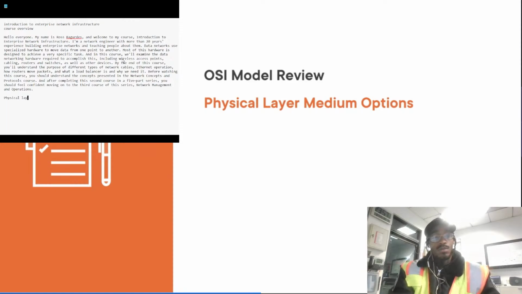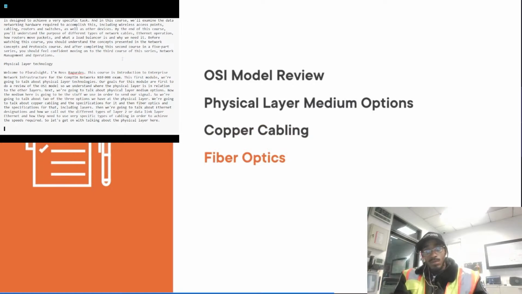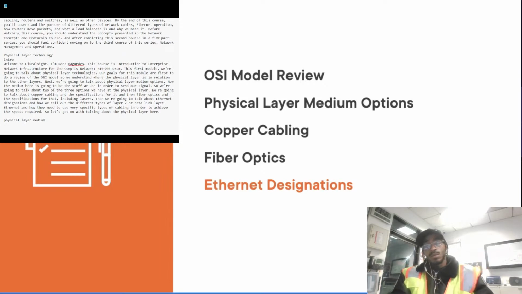We're going to talk about 2 of the 3 options we have at the physical layer: copper cabling and the specifications for it, and then fiber optics and the specifications for that, including lasers. Then we're going to talk about Ethernet designations and how we call out the different types of layer 2 or data link layer Ethernet, and how they need to use very specific types of cabling in order to achieve the speeds required. So let's get on with talking about the physical layer here.